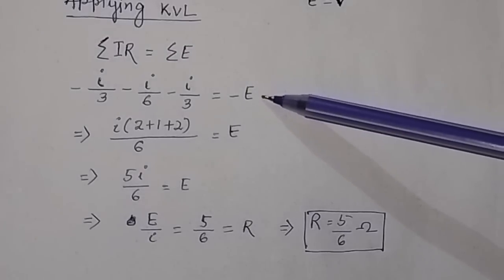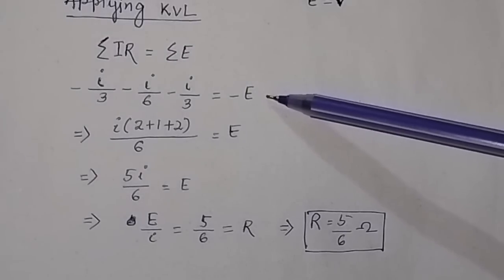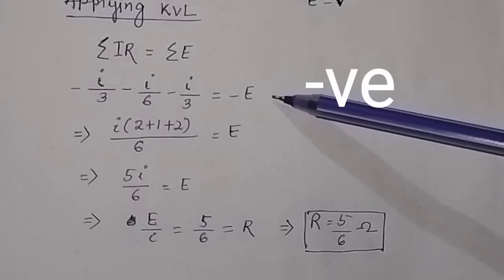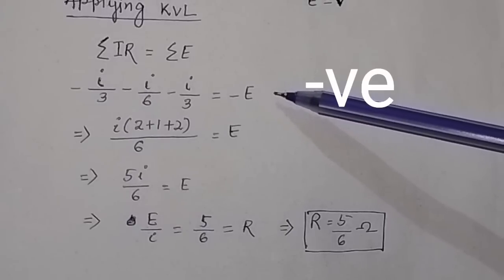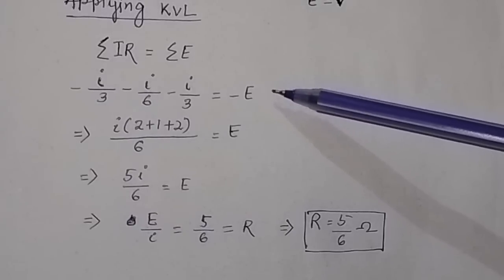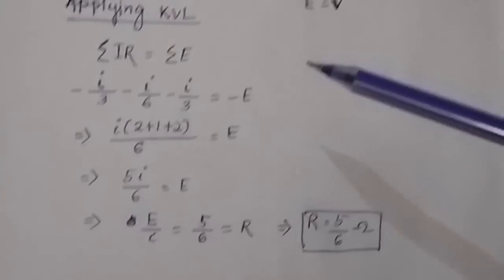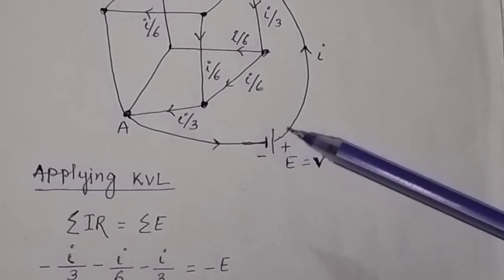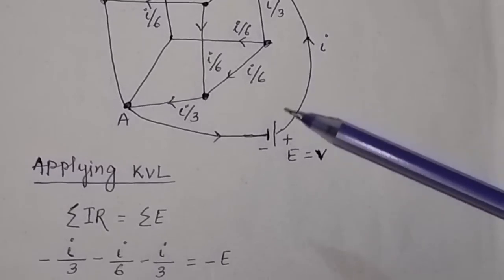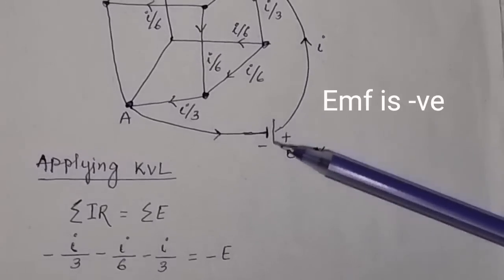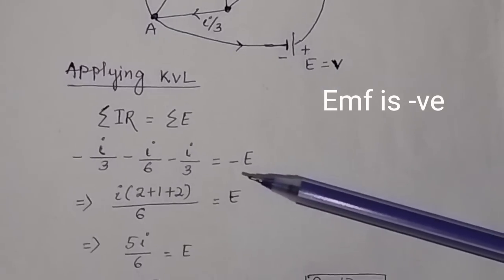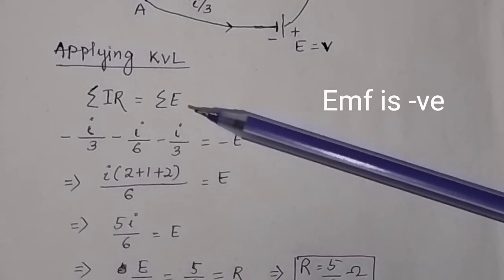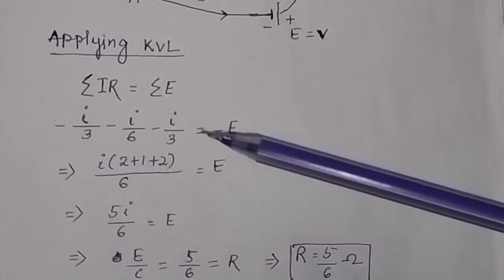For the battery, generally, the EMF is taken positive if the current goes from the positive end to the negative end. Here the current is going from the positive end to the negative end, so we take EMF E as negative in the loop equation.